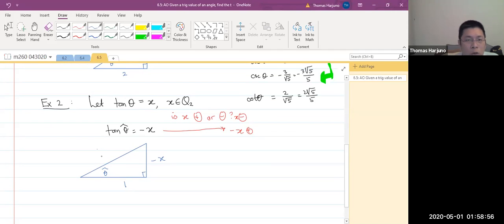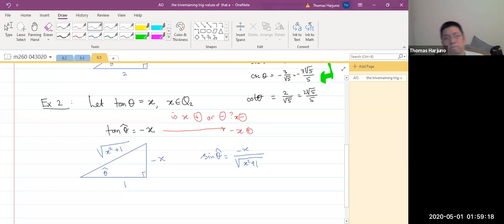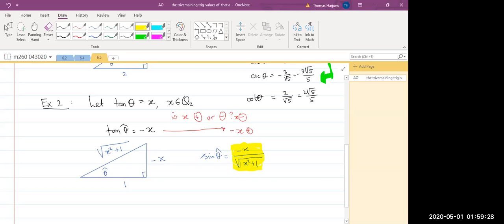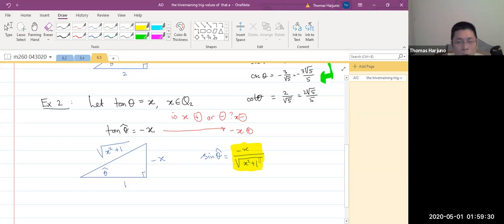Okay, so this will be the square root of x squared plus 1. Then sine theta hat is negative x over the square root of x squared plus 1. By the way, is this positive or negative? Positive. The denominator with the square root is always positive.